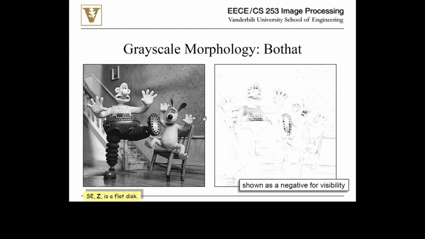Now the eyes, for instance, appear very clearly in the bottom hat. And the same for the boot here. You see all these buttons in the boot. They appear, the fingers, the holes between fingers.